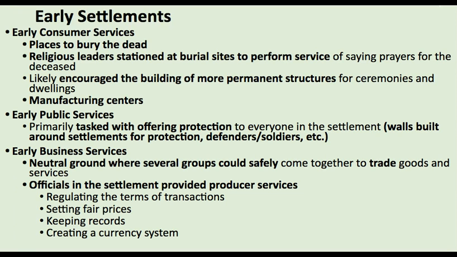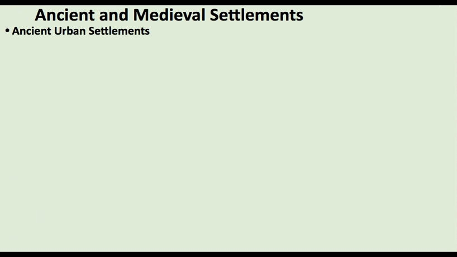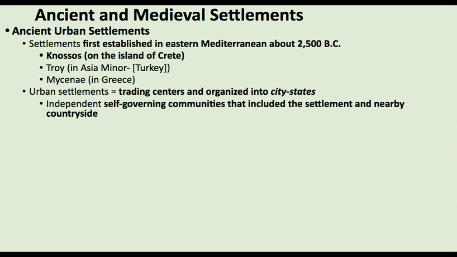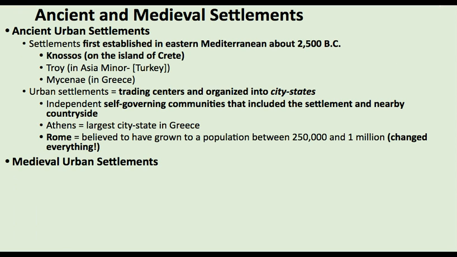Officials in the settlement usually would provide producer services like regulating the terms of transactions, setting fair prices, keeping records, and eventually creating a currency system. That would help business flourish, as we know from the definition of business services. So, those are the early ideas as far as settlements go.